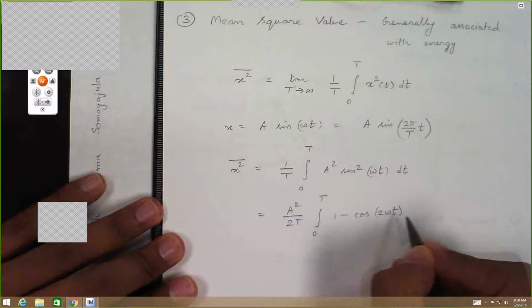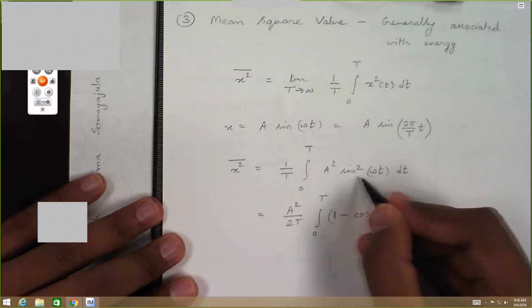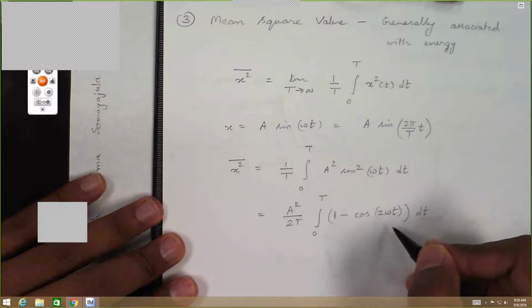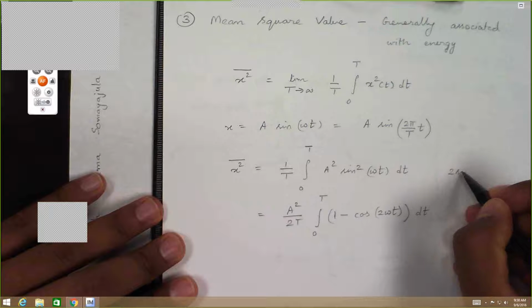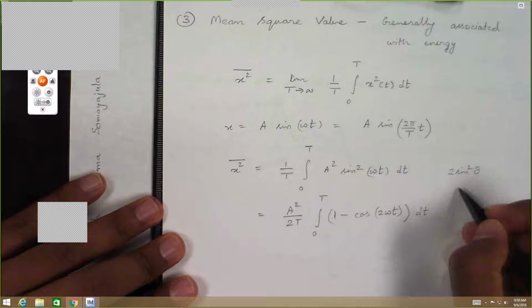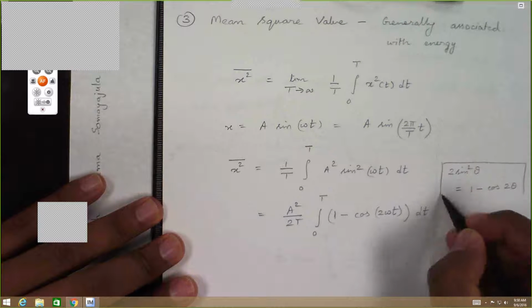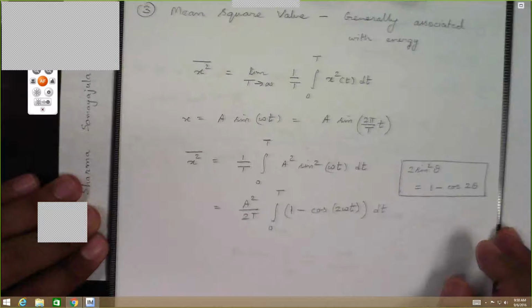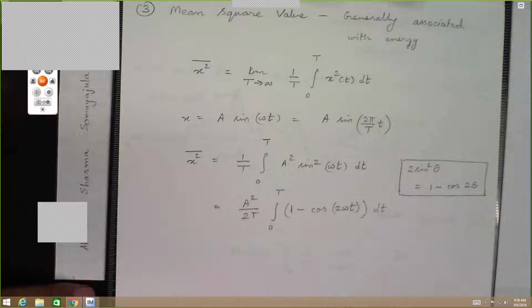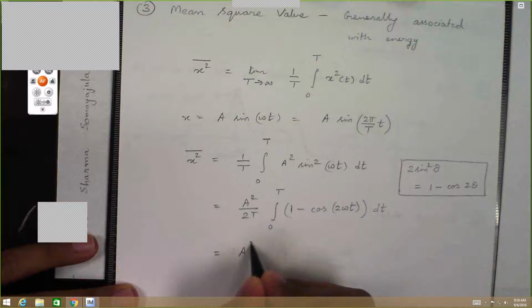So we have here used a trigonometric formula for converting sine square omega t into a cosine of 2 omega t. So the formula we used is 2 times sine square theta is equal to 1 minus cos 2 theta. So this is the relation we have used. Alright, so integrating this further, we find that this value is nothing but a square over 2.